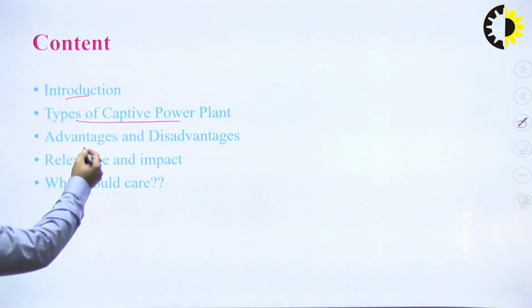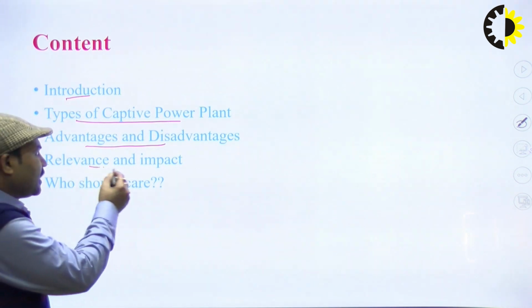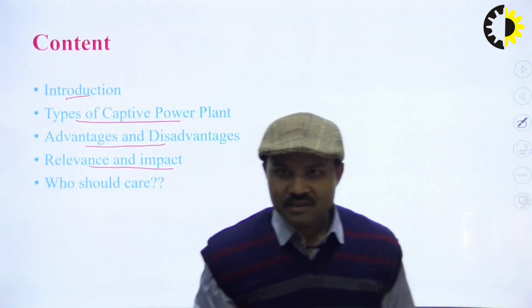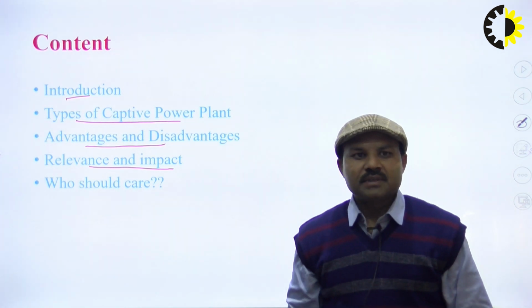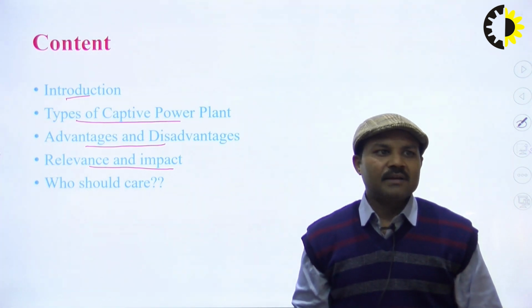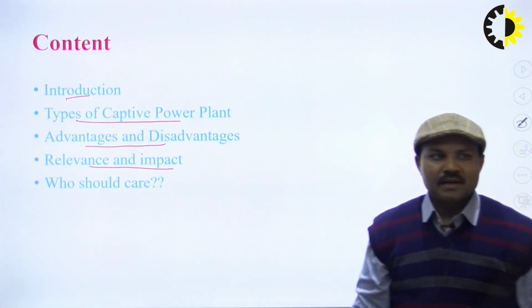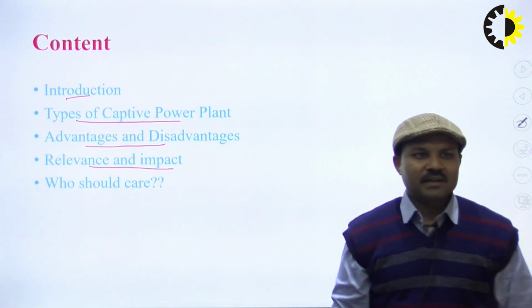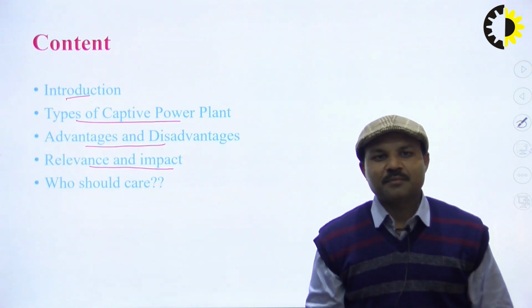We will see advantages and disadvantages of the captive power plant, and then the relevance and impact of the captive power plant on the economy of the industry, as well as the other factors involved in the generation and the economy of medium and large scale factories, and sometimes we can also take it for small scale factories where outage is the most critical problem.